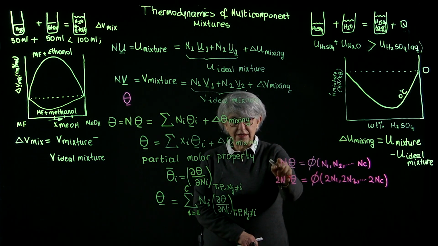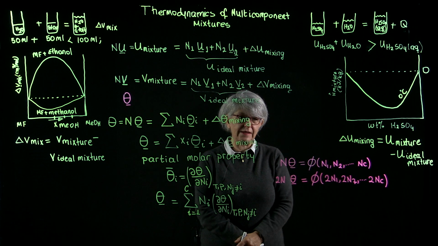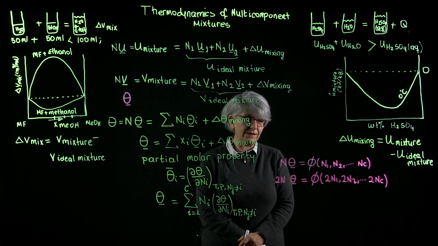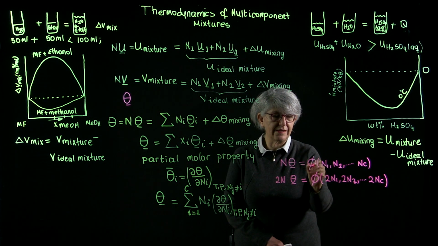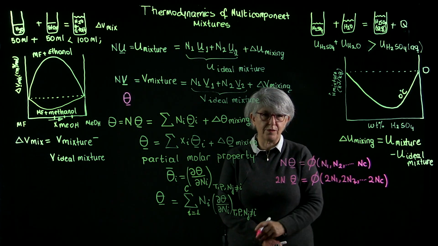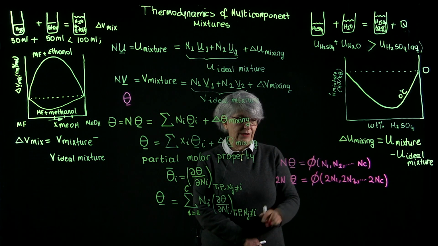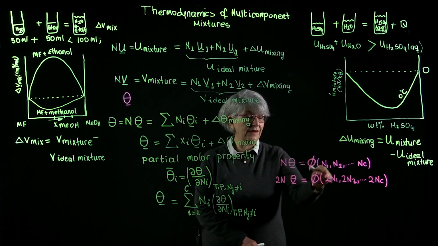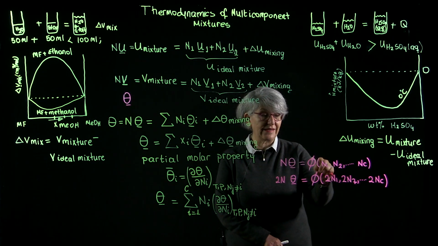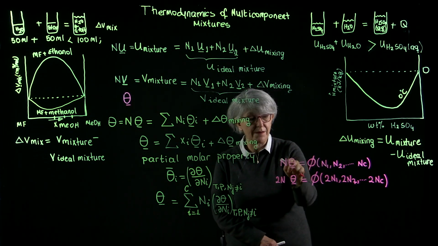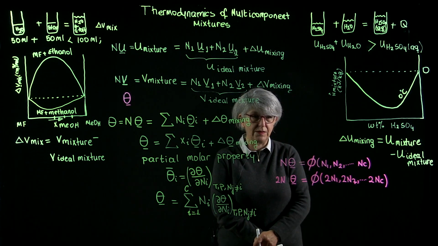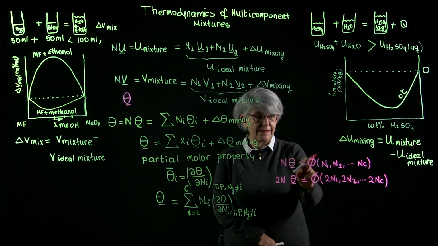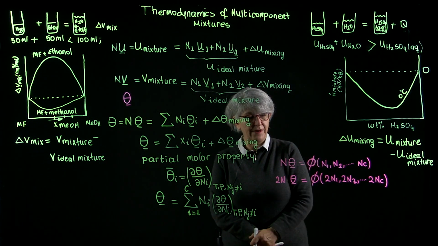Between these two relationships, we see that we have a linear relationship between the function that gives us the total number of moles and the function that gives us the property as a function of the individual constituents, and the property.